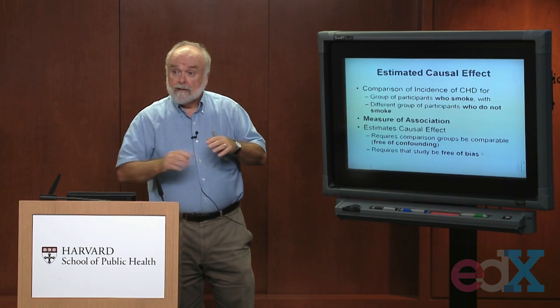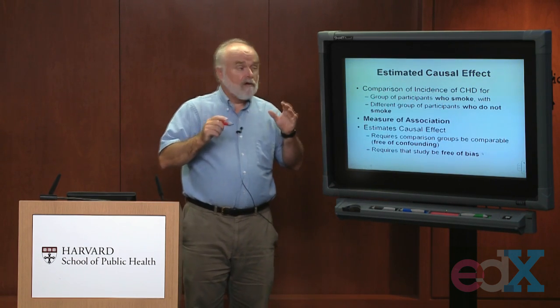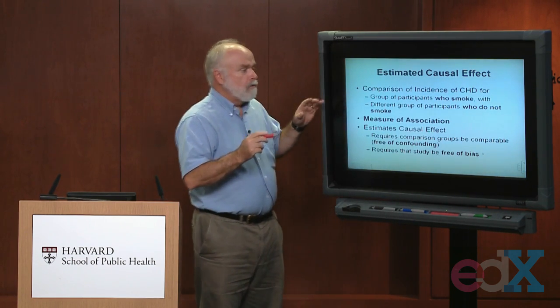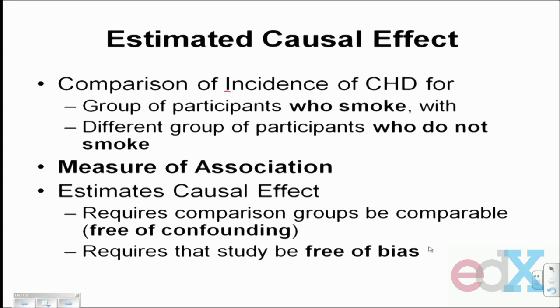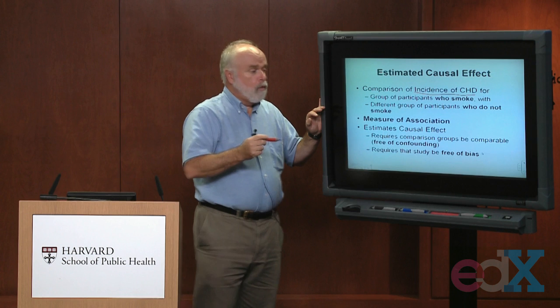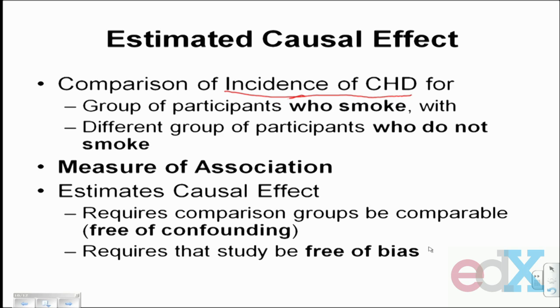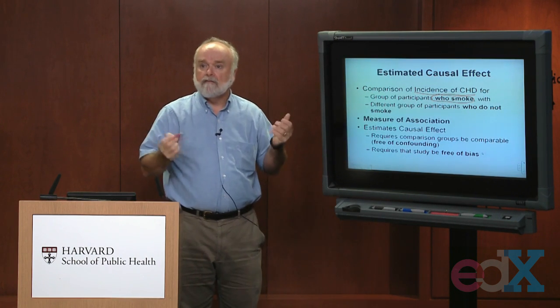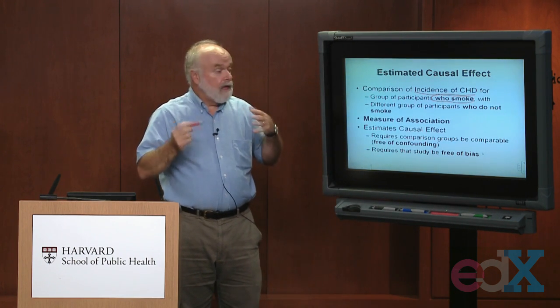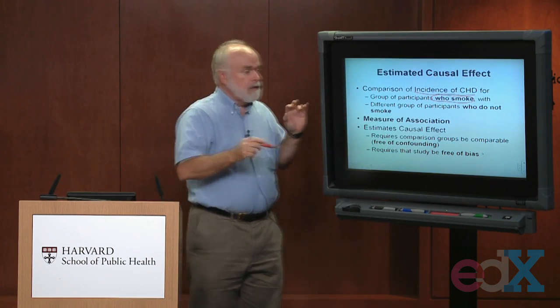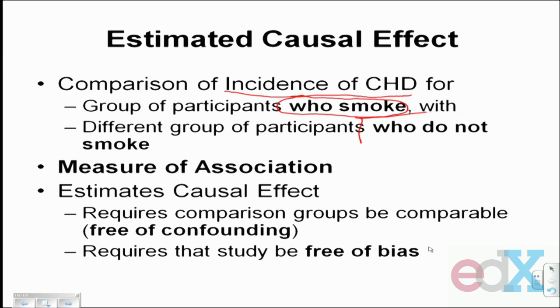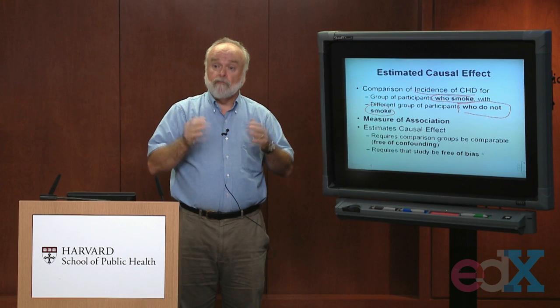So how do we estimate these causal effects? What we're going to do is compare the incidence of coronary heart disease in two different groups of people. One group are people who smoke. We're going to follow them forwards in time and see how many of them develop heart disease. And then we're going to take a different group of people, the non-smokers, those who didn't smoke, and follow them and see how much heart disease develops among them over 24 years of follow-up.